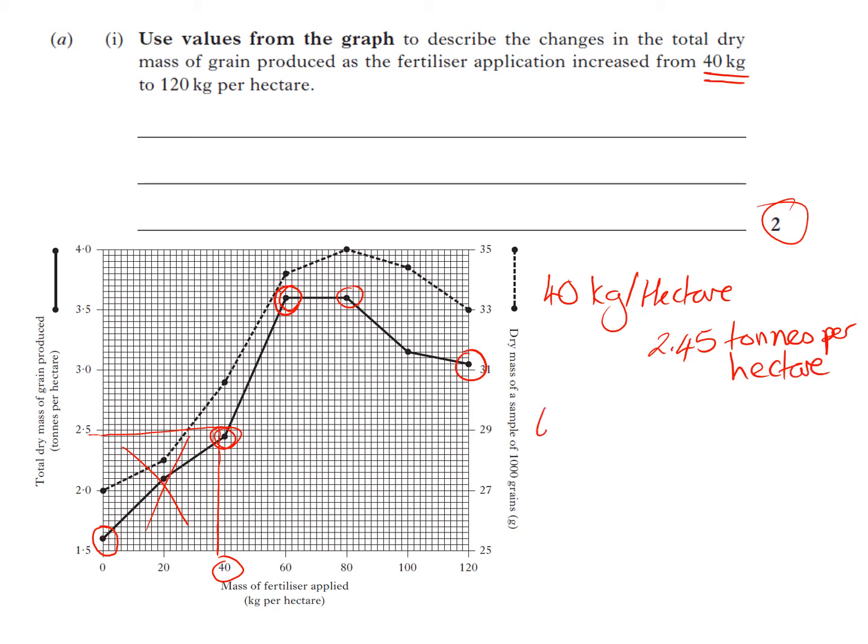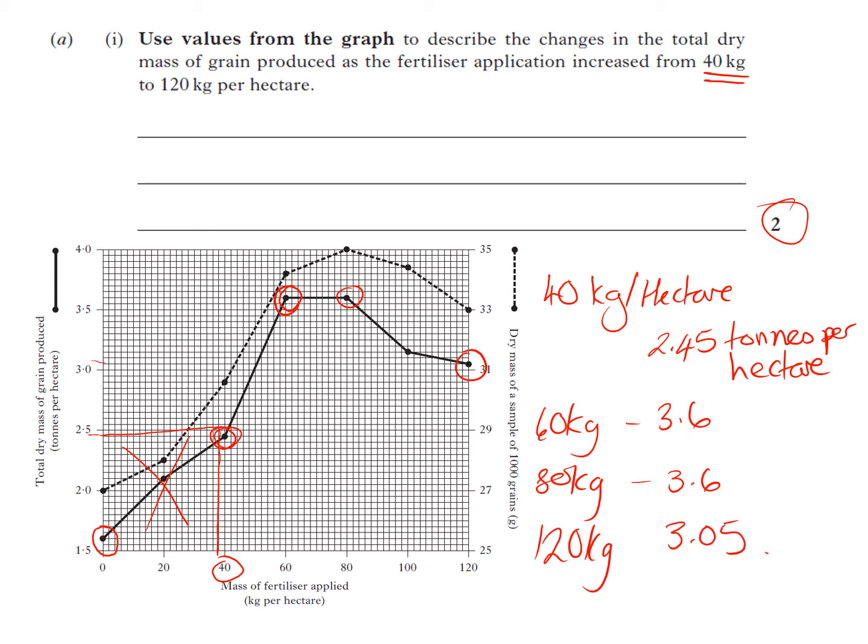Okay, you've then got your 60 kilograms and your 80 kilograms and your 120. You need all those points. So we've got 60 is 3.6, 80 remaining the same till 80, and then we've got a drop, and the drop is taking us 1 over there.